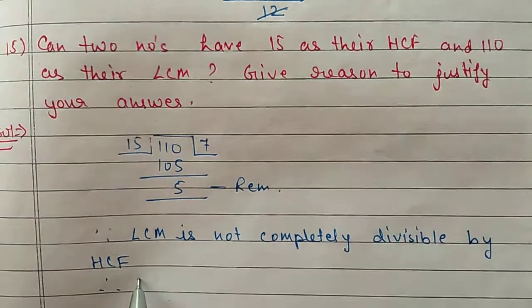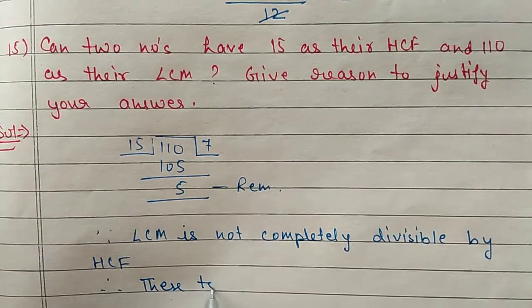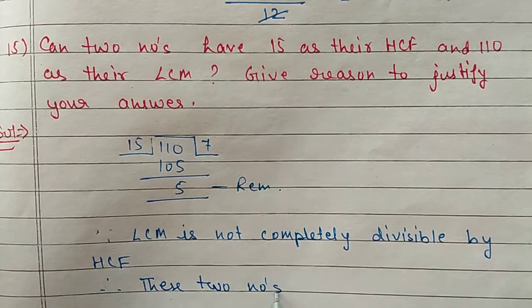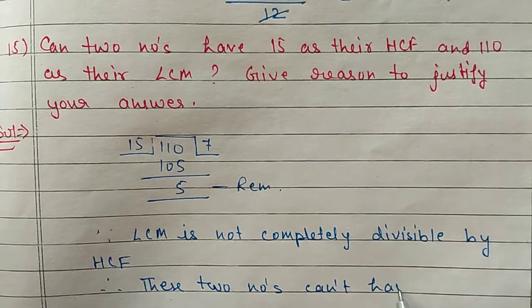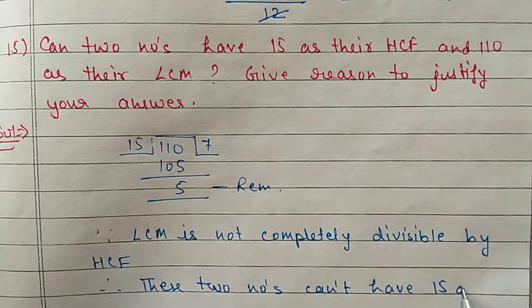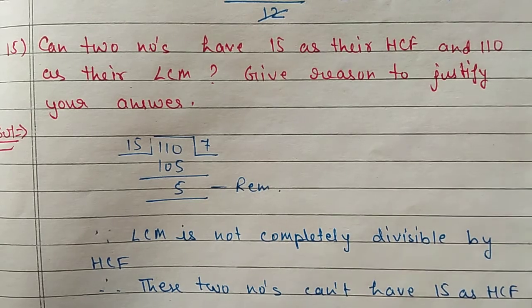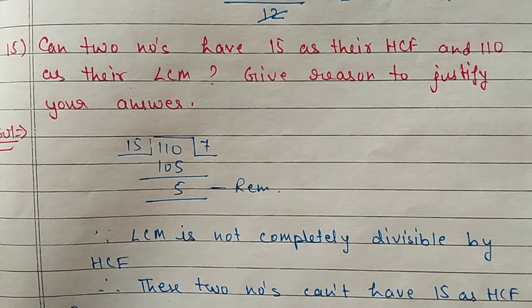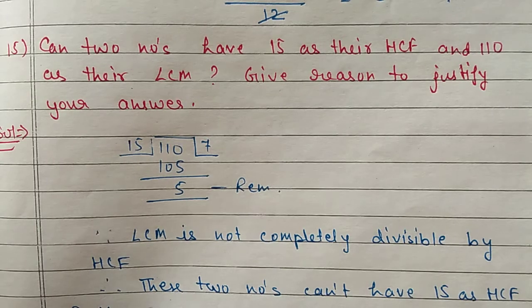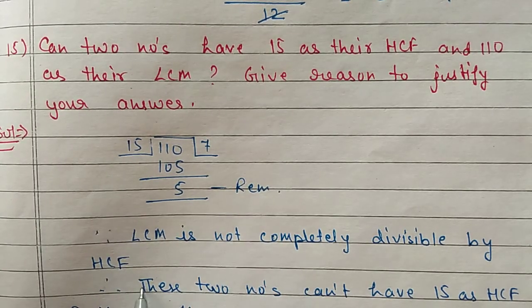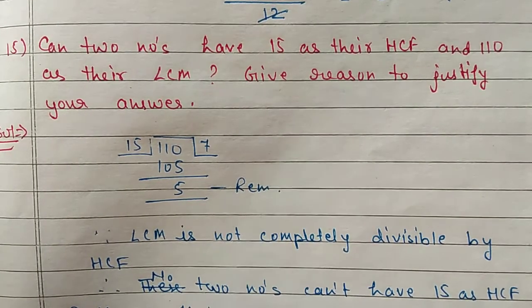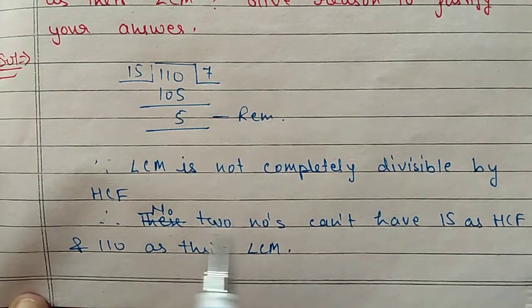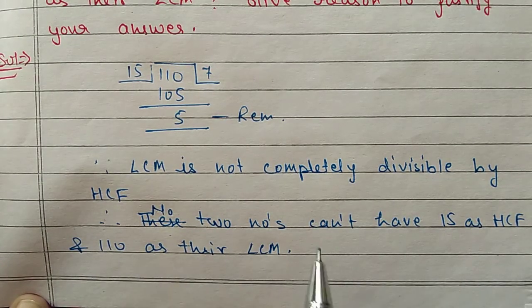Therefore, no two numbers can have 15 as their HCF and 110 as their LCM. No two numbers will have this LCM and HCF together.